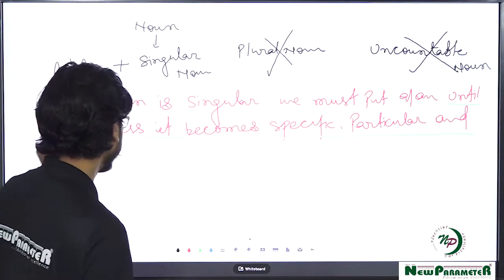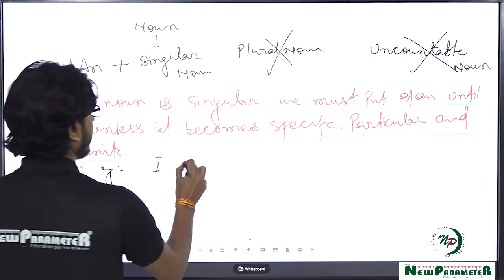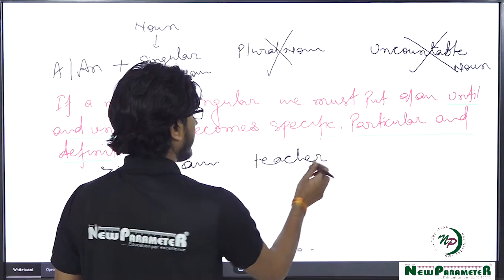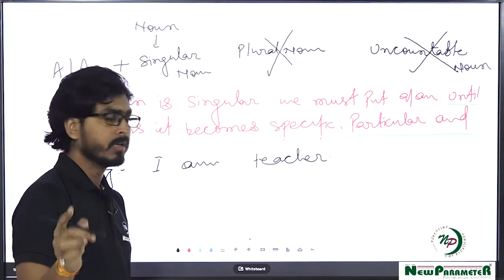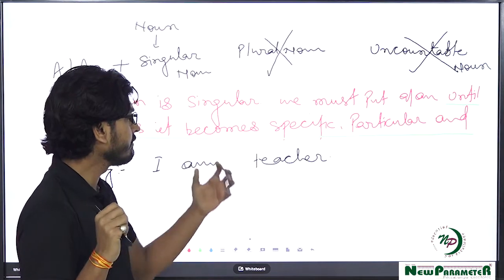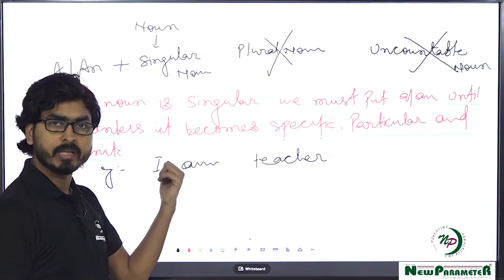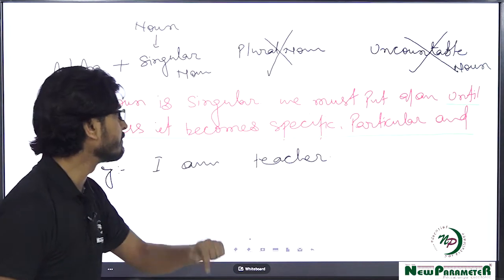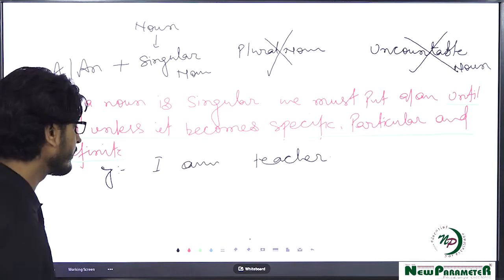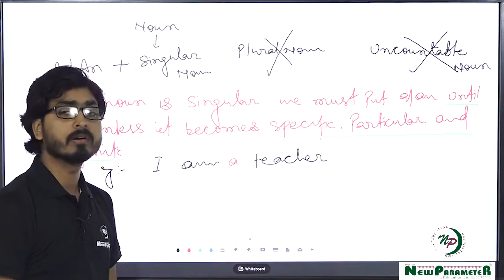Okay, firstly we'll see, if I write any example, "I am teacher." So here teacher is a singular noun. So we have to do 2 things. Either we make it plural, which is not possible because I am talking about only "I", and if it is singular, we must be in the habit of putting "a/an". So this sentence is totally wrong. It will be corrected after putting "a": "I am a teacher."